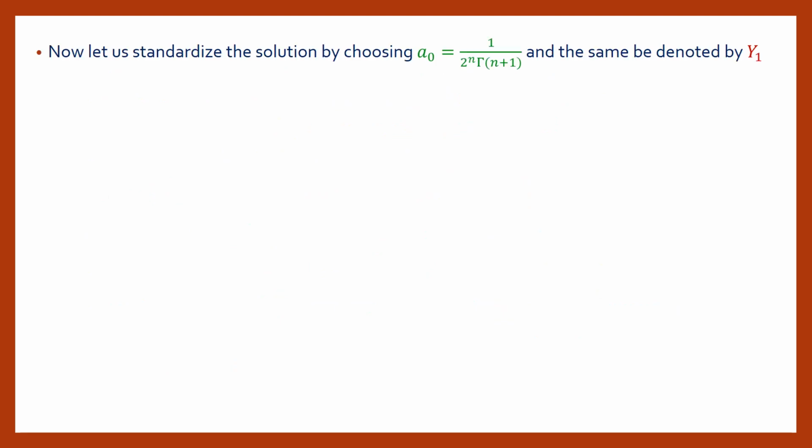Let us standardize the solution by choosing a0 equal to 1 by 2 power n of gamma of n plus 1, and that solution, let me denote it as capital Y1. So we have y1 equal to this, we just derived in the previous slide. Now here we have to replace a0 equal to 1 by 2 power n gamma n plus 1.